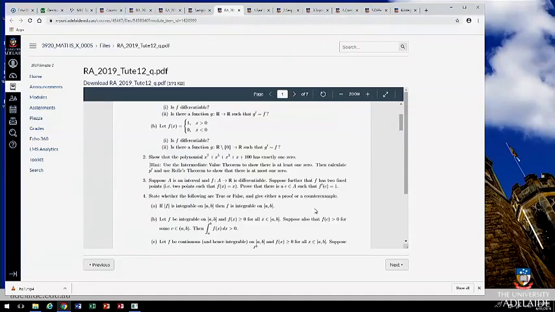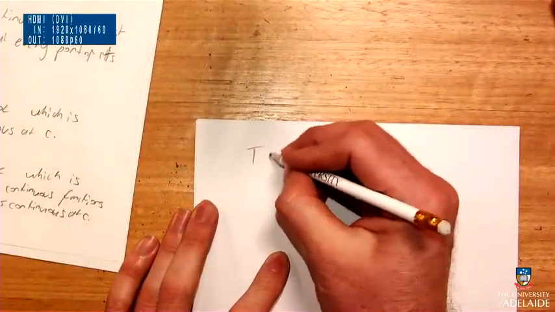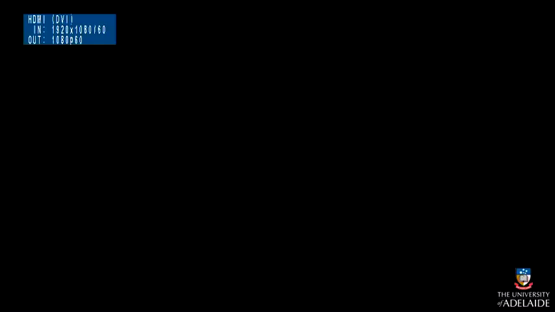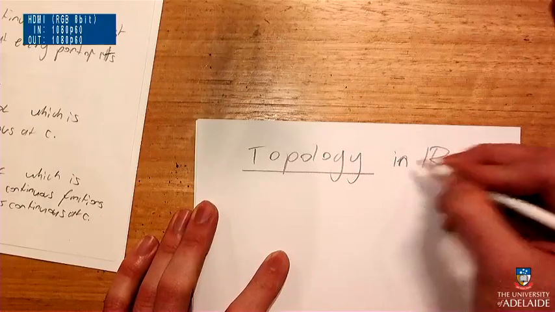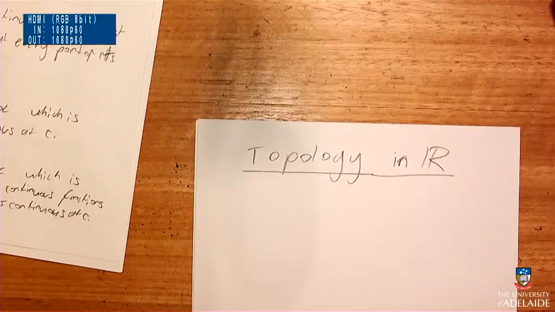All right, well, I might leave that there, and maybe I will talk about the topology stuff, which has a very small number of theorems and definitions, but feels bigger. Topology in R, I'm going to say that because technically topology is bigger than that.